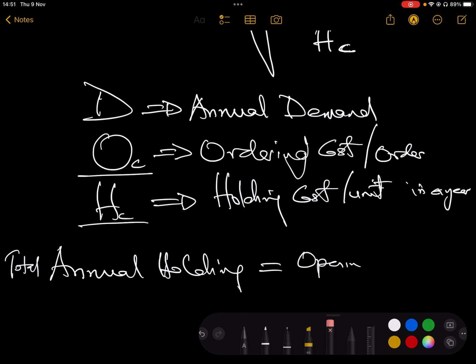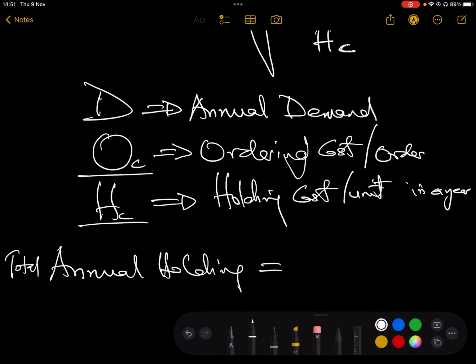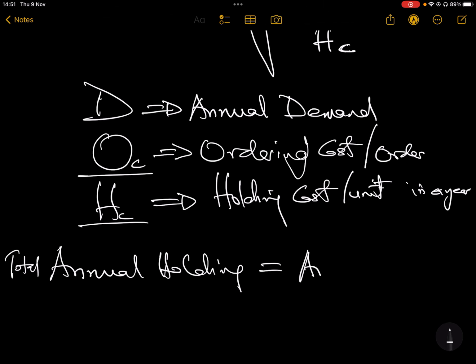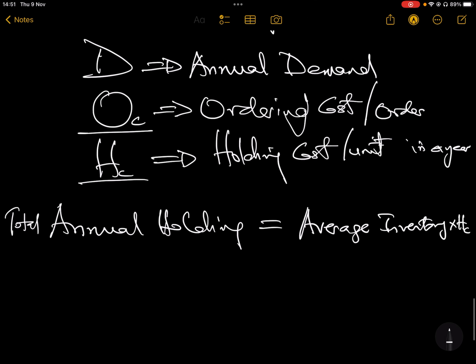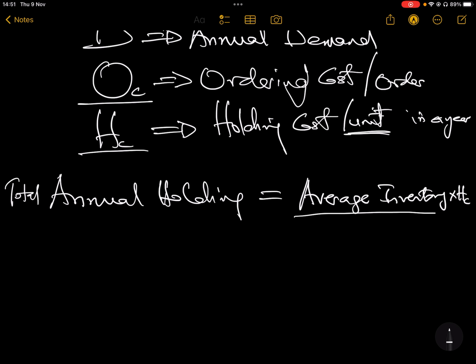Let me simplify it a bit so it's easy to understand. Remember, HC is holding cost per unit. So you multiply by the average inventory to get the total annual holding cost.